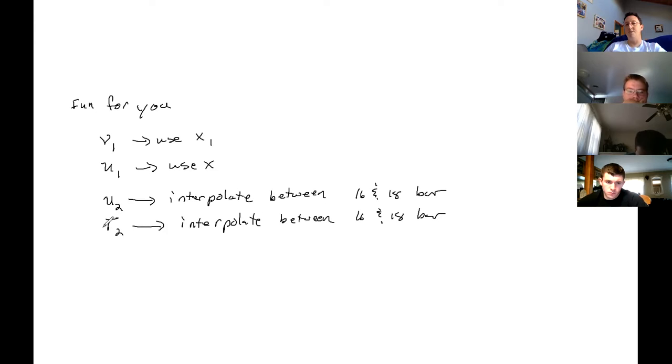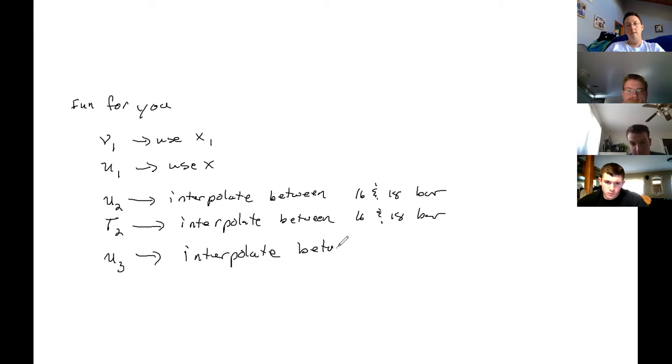It's going to be superheated, and it's not going to be in the table. So to get the internal energy for state 3, you're going to have to interpolate between 40 degrees Celsius and 50 degrees Celsius.